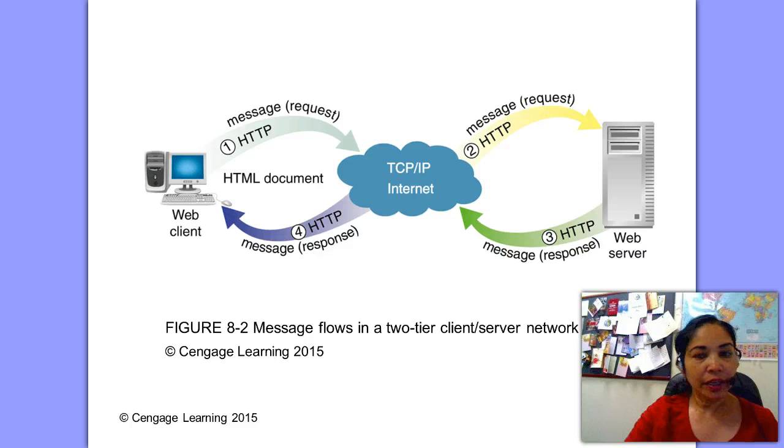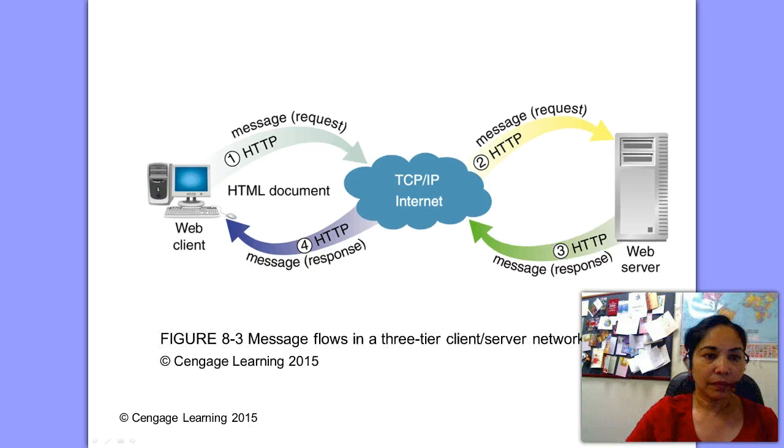The first tier is the client computer and the second tier is the server. The more complicated web interactions, such as electronic commerce, require the integration of databases and payment processing software in a three-tier or higher tier architecture.